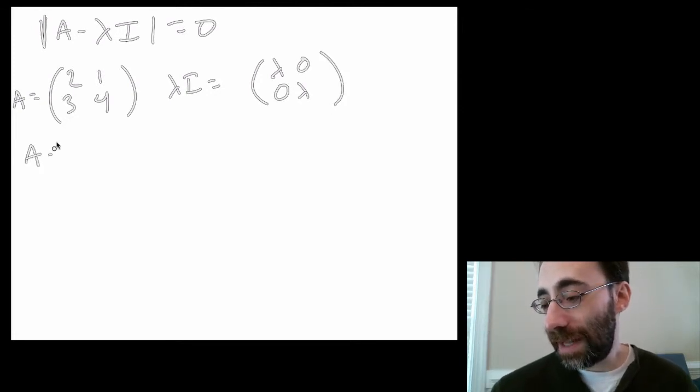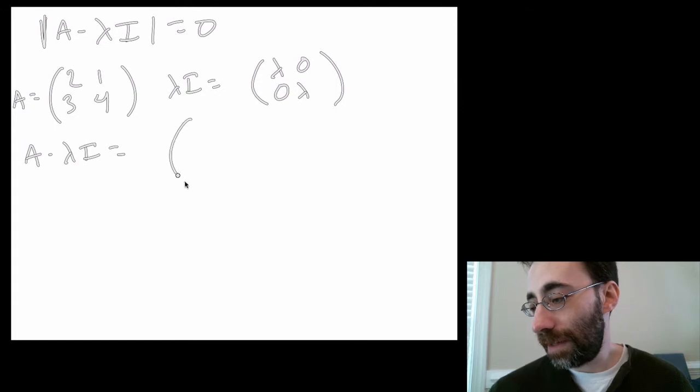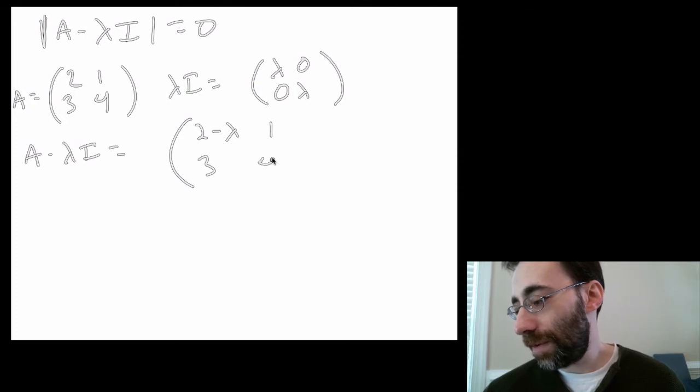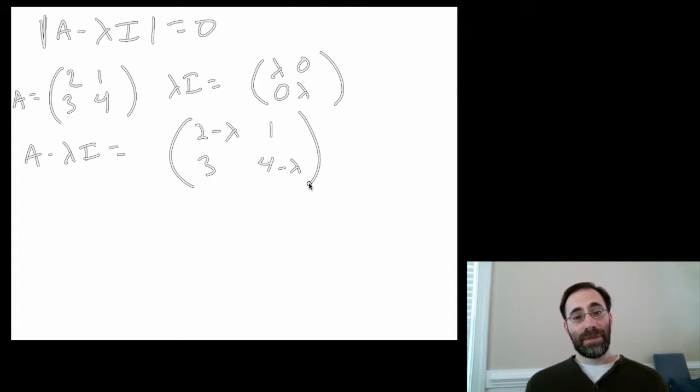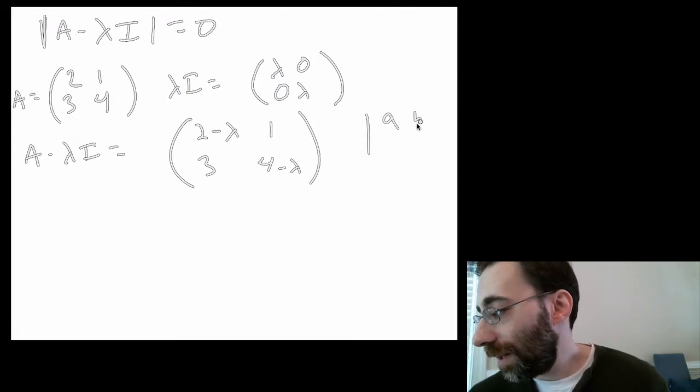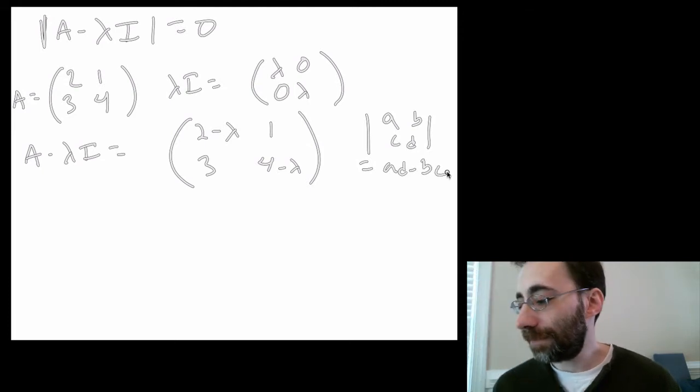So now A minus lambda I is going to equal what? 2 minus lambda, 1, 3, and 4 minus lambda. And the determinant of this is going to be equal to 0. What's the determinant? Well, if you recall, the determinant of a 2 by 2 matrix was AD minus BC.